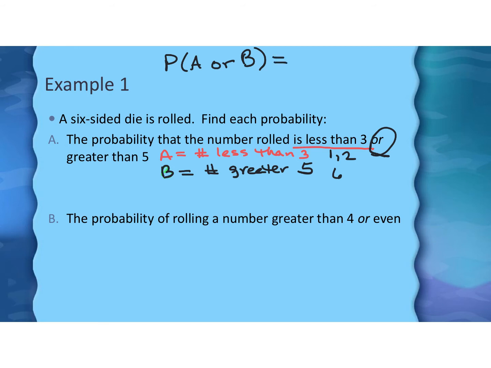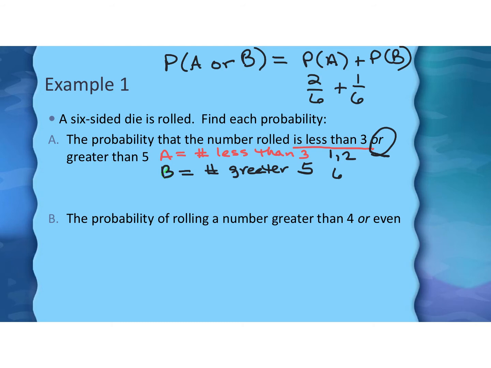So when that occurs, all we're going to do is the probability of A plus the probability of B. So for event A, there are two numbers that are less than 3 out of the 6. So the probability of A is 2 over 6. The probability of event B occurring, a number greater than 5, is going to be 1 out of the 6.